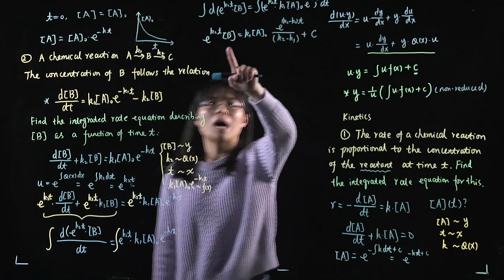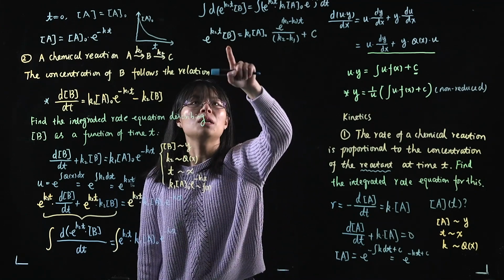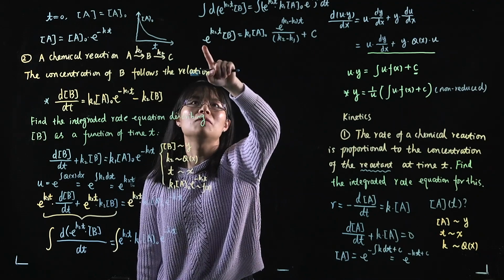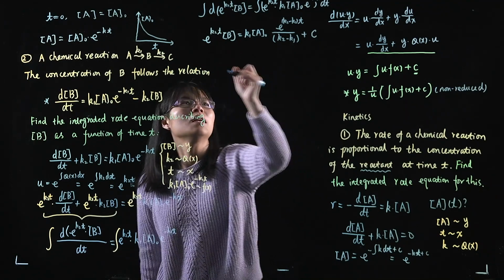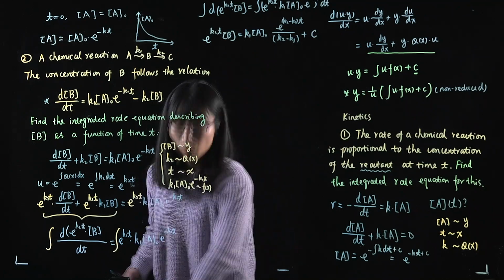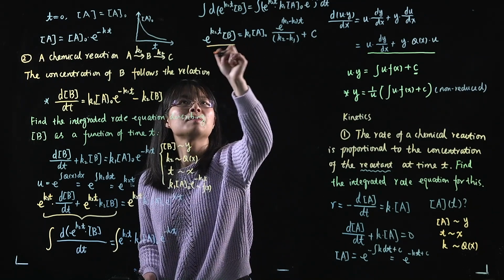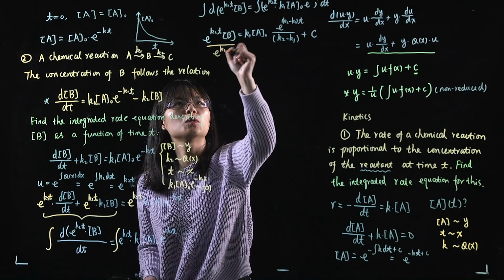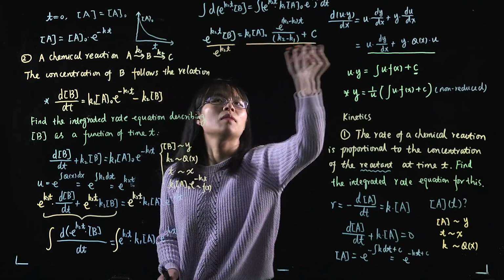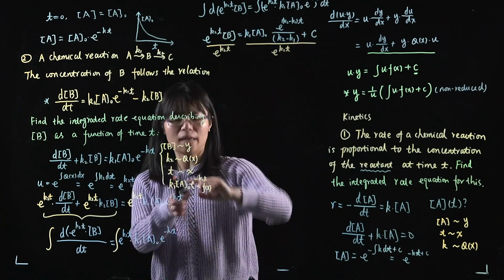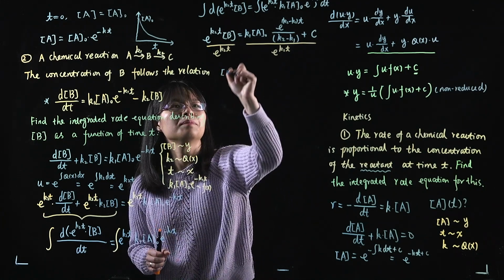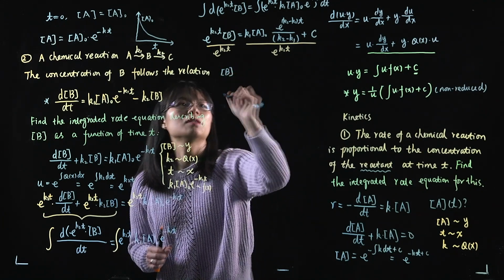Okay, so our final goal is to solve for b, and we can divide both sides by e to the k2 times t. If we divide both sides by e to the k2t, we can get the expression for b in terms of t.